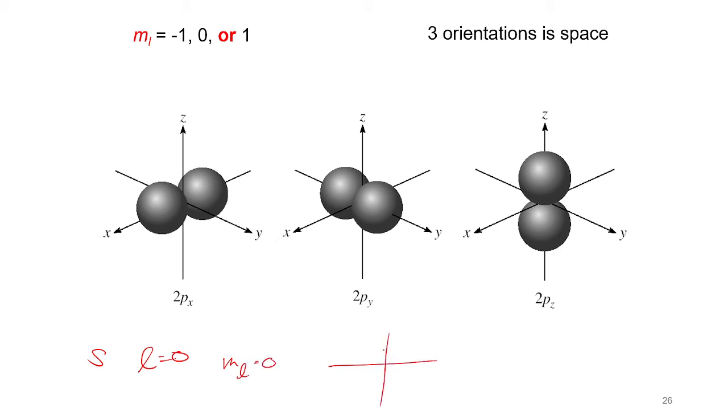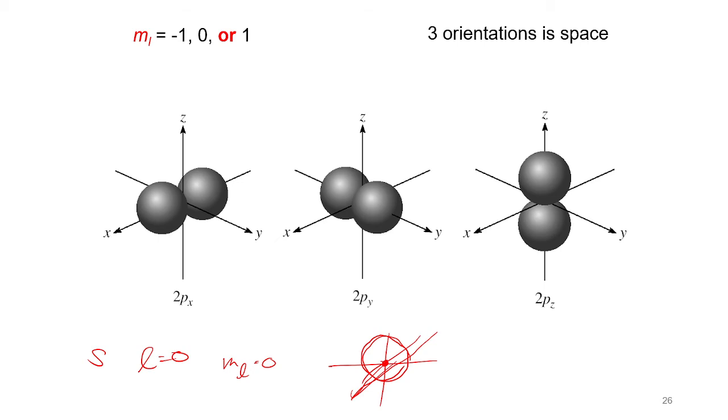If we look at that in 3D space, its center is located at the origin. So there is no such thing as orientation. For any orientation, it will look the same.